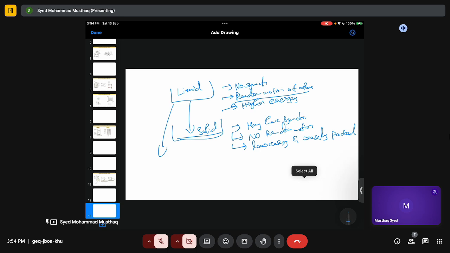So whenever you suppress this time, what I'm trying to do is not give time. Delta T is very small. Cooling is fast.